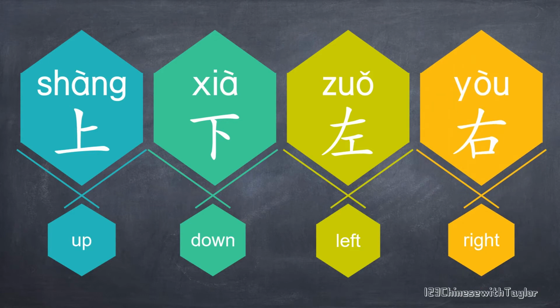The OU sound makes O in Chinese. So please do not make the mistake of pronouncing it as U in English. This one is 右. You can remember this one as YO, like yo, right.